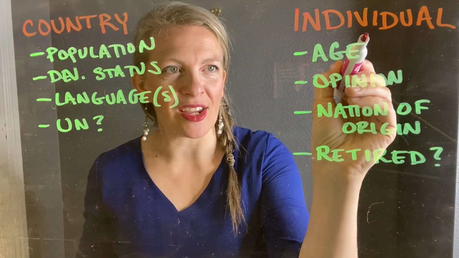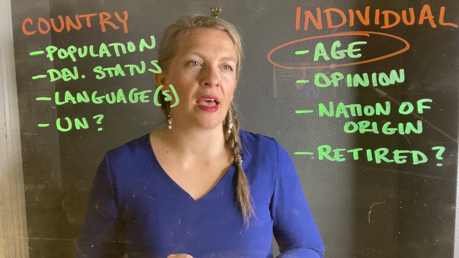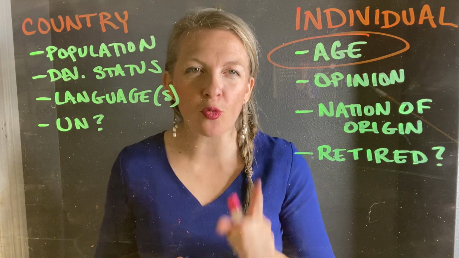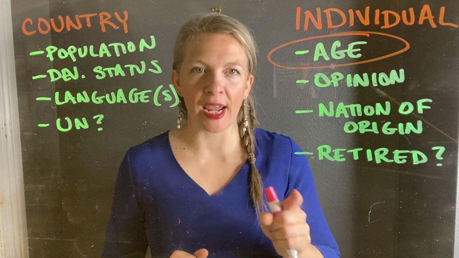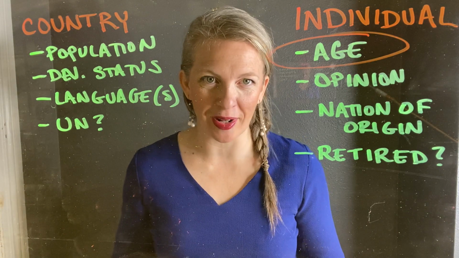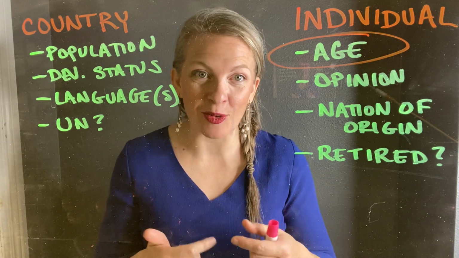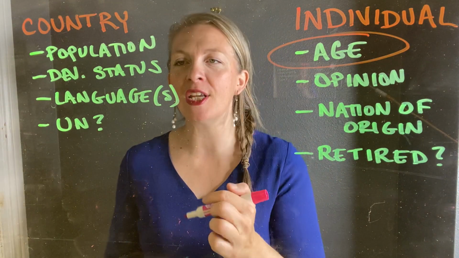So I've used age as an example of an interval variable, but this really actually depends on how it's measured. So if we measure age in terms of like what year were you born or how many years have you been alive, then we will indeed be counting in units, and those units are years. Same thing for population.